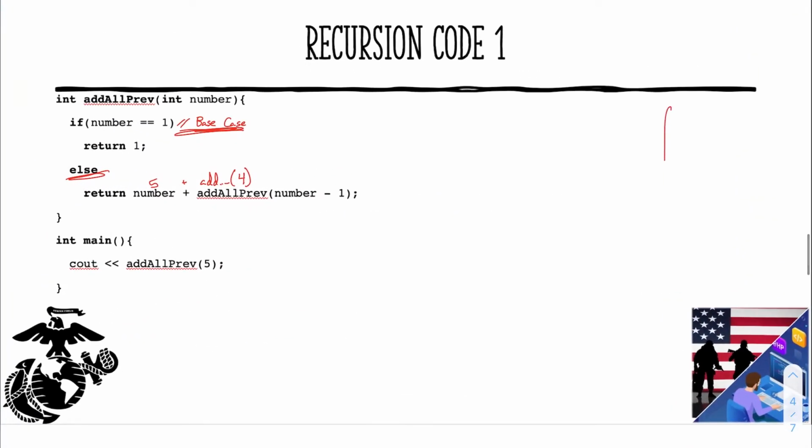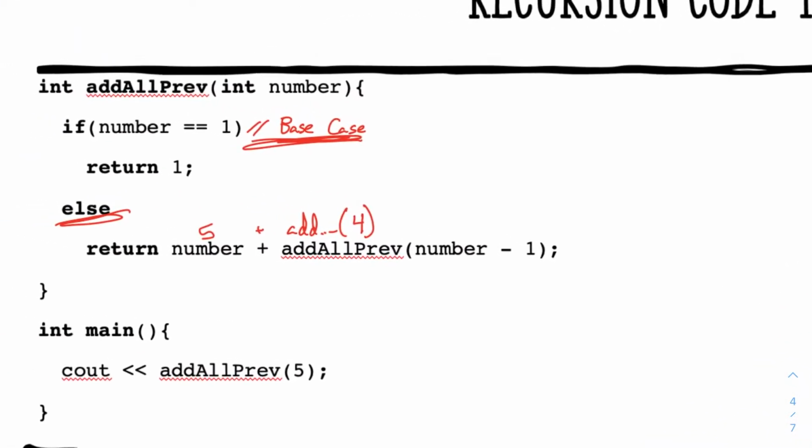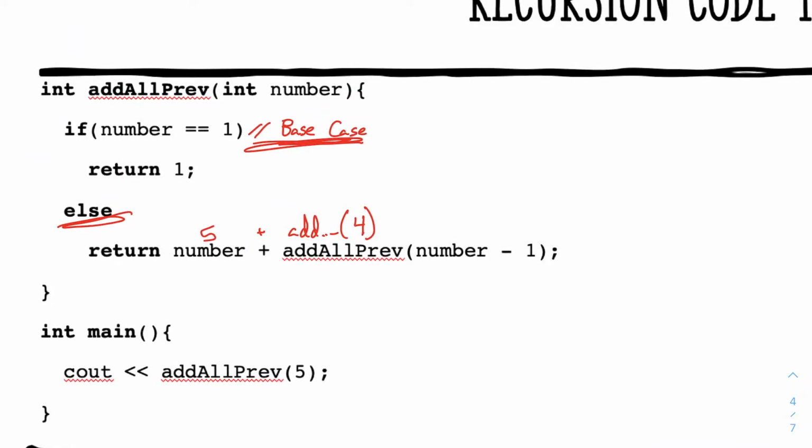So now in our call stack, we place addAllPrevious on 4. Now we go back to the top, and we are now at the value of 4.